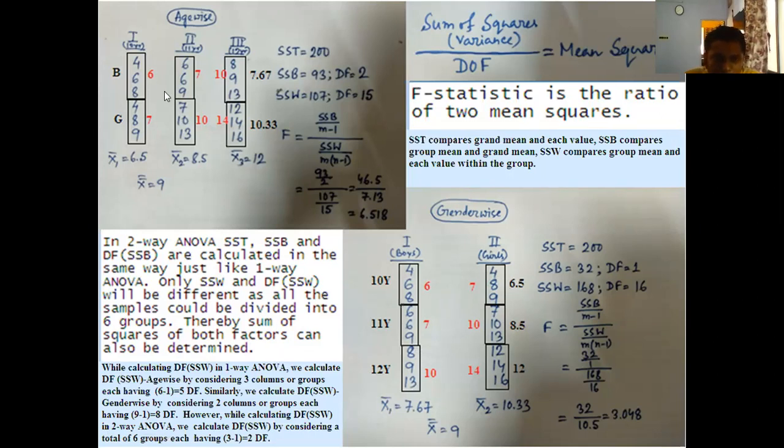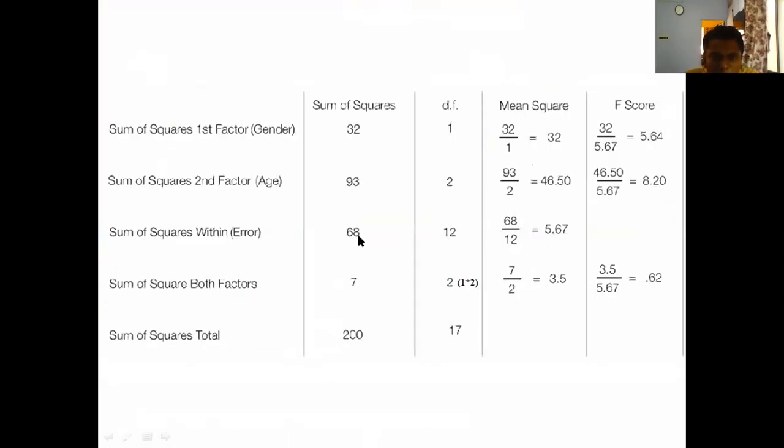And here also you will have the same thing: 6 minus 4 whole square, 6 minus 6 whole square, 6 minus 8 whole square, then 7 minus 4 whole square, 7 minus 8 whole square, 7 minus 9 whole square. So ultimately you are getting the sum of square within equal to 68.